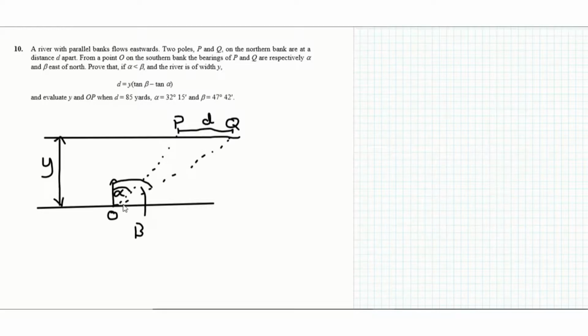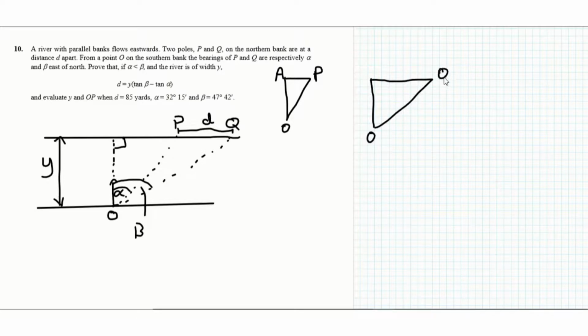So now we've got 2 right angle triangles: one with O and P at some point that I'll call A, and the other one, we'll draw it a little bit further out, is O, Q, and this is still A here, so OA is y in both cases, but here we have alpha, and here we have beta. Again, these are right angles, although you'd struggle to believe it.